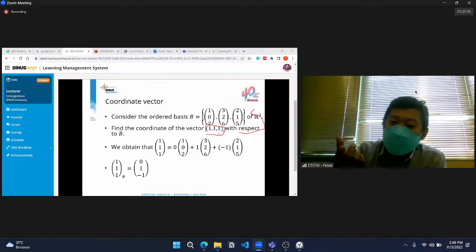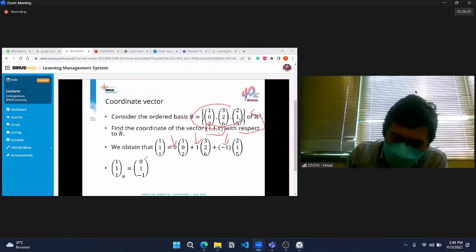We consider it as a vector, but for the coordinate we must find the scalars from the linear combination of the basis. So we get the scalars 0, 1, minus 1. So the coordinate with respect to B is (0, 1, -1), not (1, 1, 1).